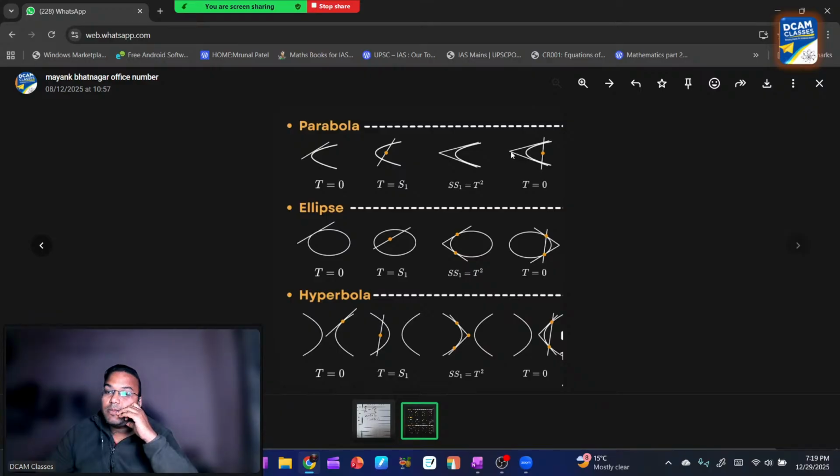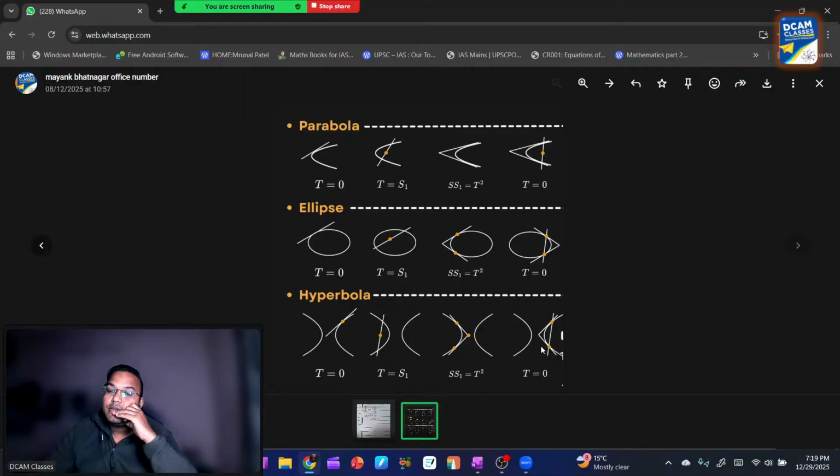Similarly, from a point, if two tangents are drawn, and from the contact points you connect these two, it becomes a chord. That's known as chord of contact. And that chord of contact equation is T is equal to 0. The only difference is that x1, y1 is outside here.